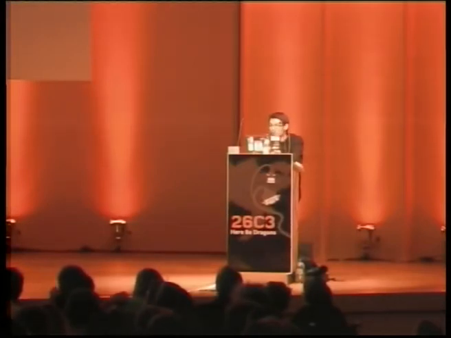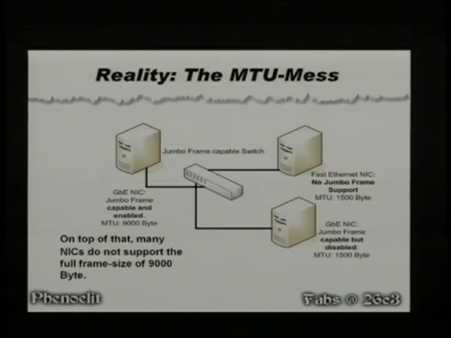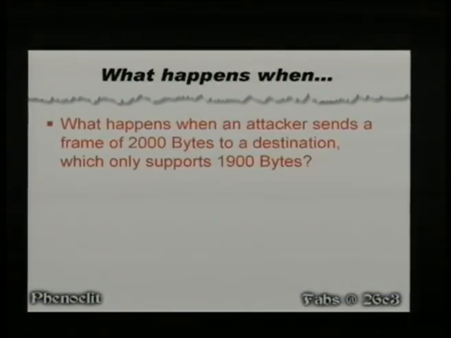And then we have some which have them enabled, and then again we have some which have them enabled, but only up to 7,000 bytes or something like that. So it's a huge mess, and this is what we're going to attack. Because naturally the question arises, what happens if somebody sends a frame which is 2,000 bytes long to a destination which can only receive 1,900 byte frames?